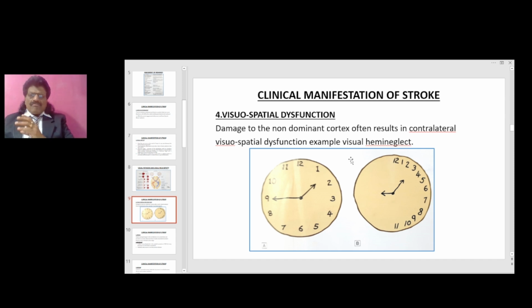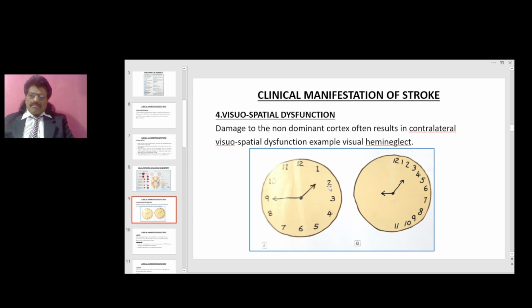And therefore left parietal lobe lesions usually do not produce right hemineglect. But when the right parietal lobe is affected, both the right and the left side is gone. The right visual field is compensated by the intact left parietal lobe, but there is no compensation on the opposite side, and therefore right lesions, that is the non-dominant cortex, produce hemineglect on the opposite side, visual hemineglect.